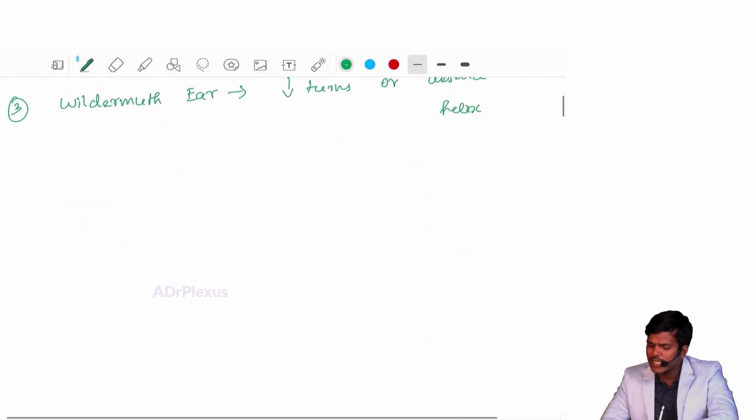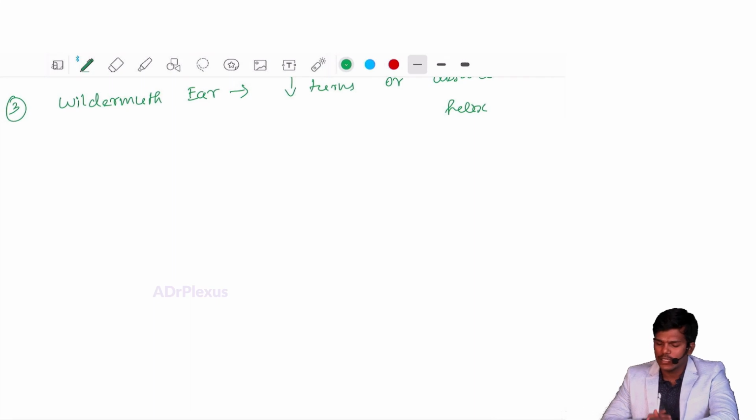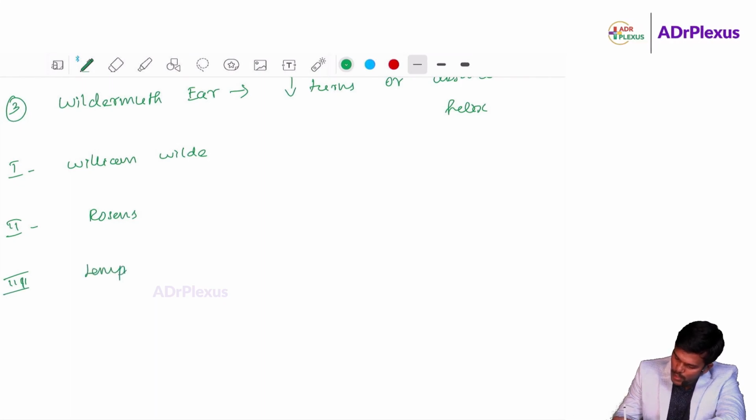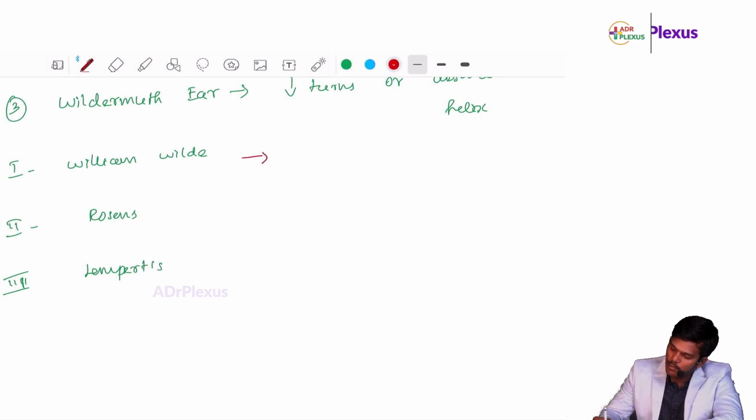Now let's see about the incisions associated with ear surgeries. Incision number 1 is William Wilde incision. Incision number 2 is Rosen's incision. Incision number 3 is Lempert's incision. William Wilde is post-aural incision.